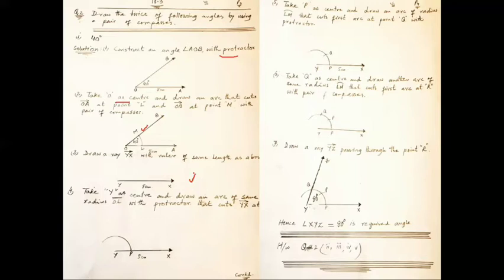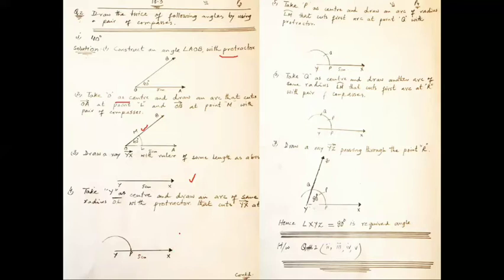Now take Y as center and draw an arc on the ray YX with compass having suitable radius, that is YP. Now this is the point P that cuts the ray YX.